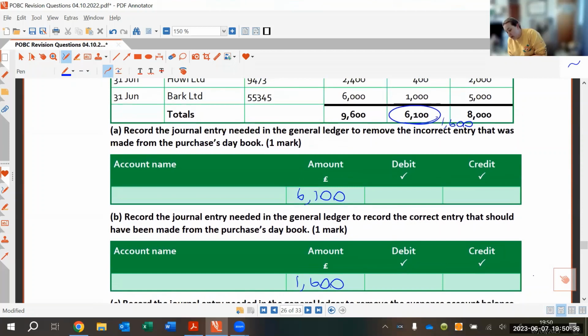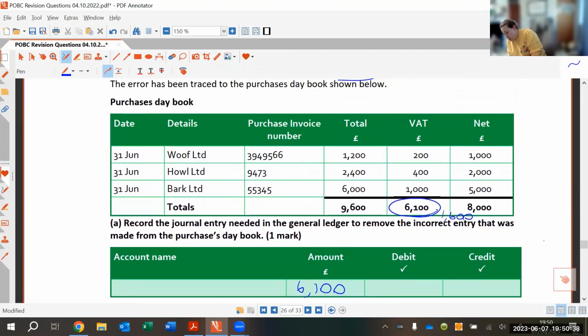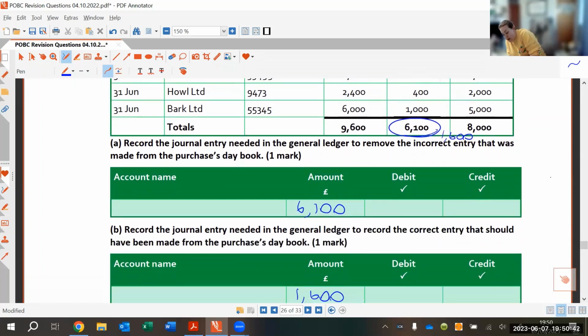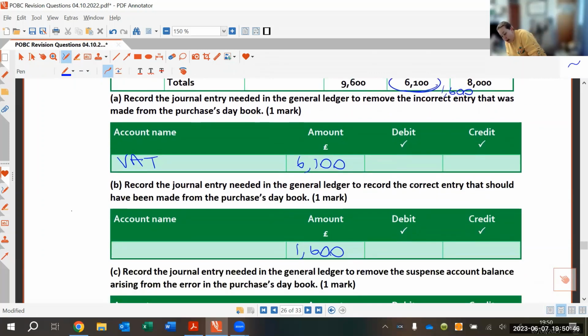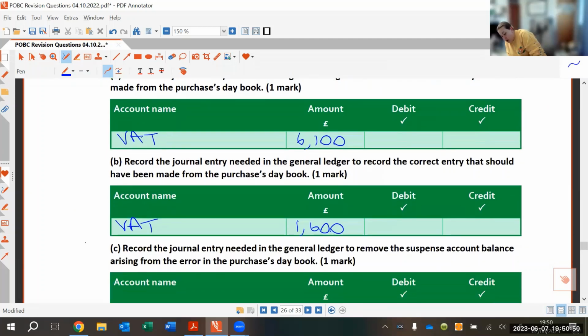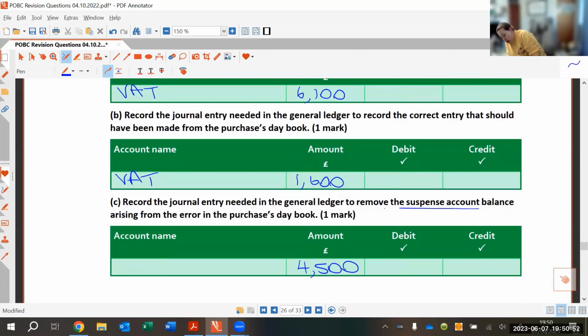You also have your account names as well, because you know the issue is with the VAT account. So we're going to remove the incorrect amount from the VAT account, and then we're going to put it back in again correctly. We also know that here we're removing the suspense account balance, so we know we're going to use suspense.